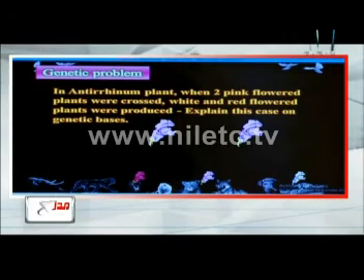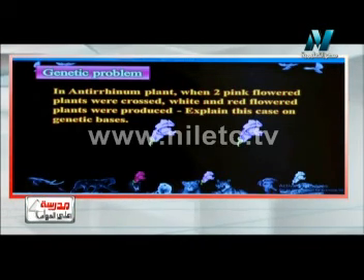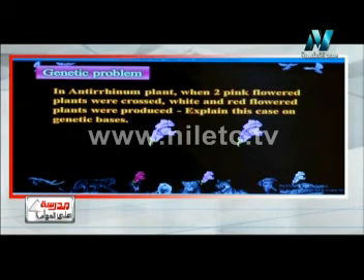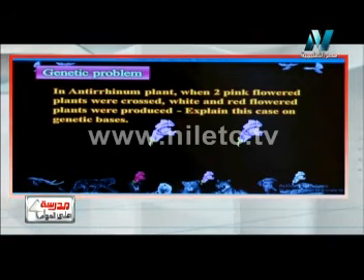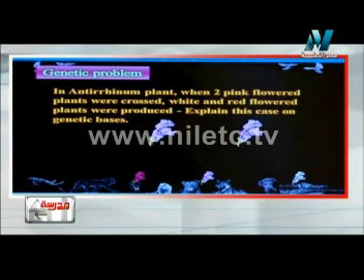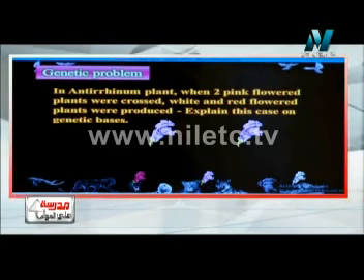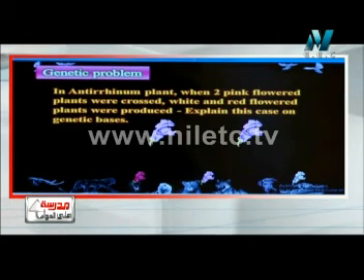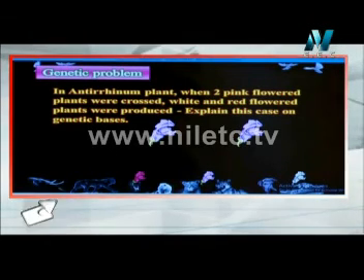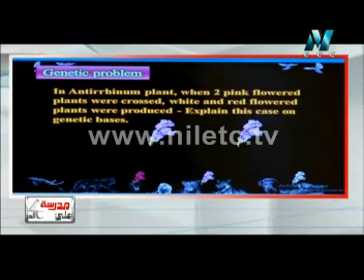This crossing in the Antirrhinum flowering plant is a case of lack of dominance, because the flowers of the Antirrhinum are pink, red, and white. So there is no gene dominant over the other.